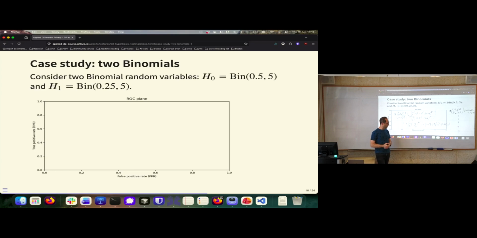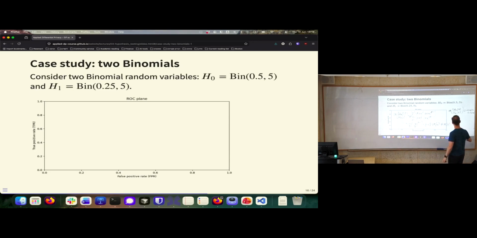This is a monotonically decreasing function as a function of I, right? Because this is a constant, and the 5 times log 3 is also a constant. So we just have basically 5 times log 3 over 2, which is some number, minus I times log 3. So it's a linear function.